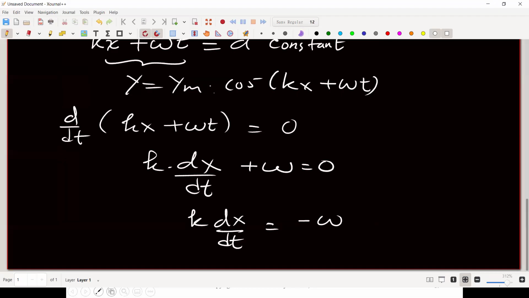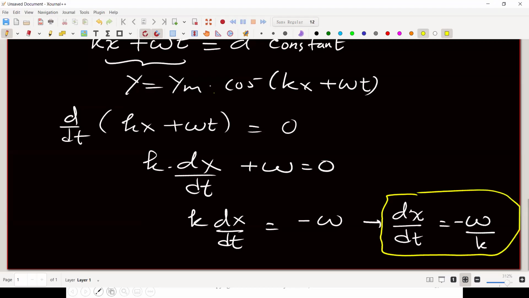Since the sign is minus, the speed is minus omega divided by k, which means the wave is traveling to the left side.